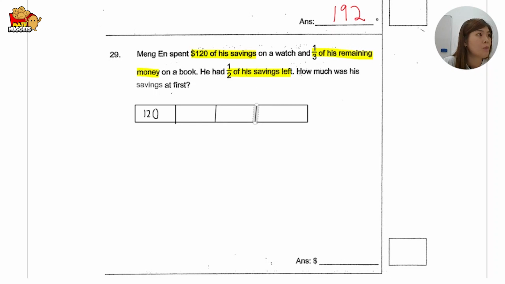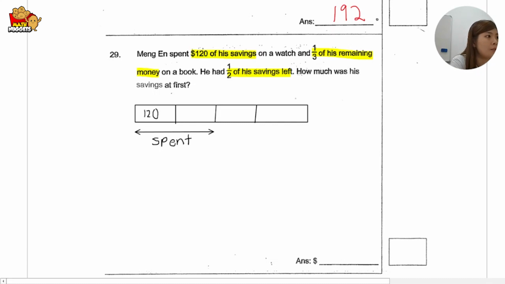So 1/3 of his money would be spent, all these will be spent. And then he had half of his savings left. So all this from here onwards would be his savings.